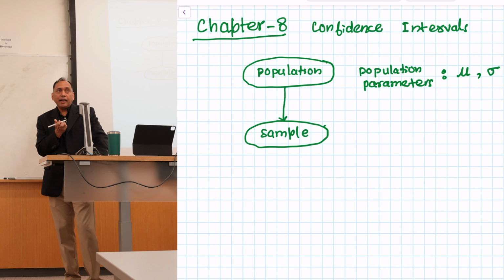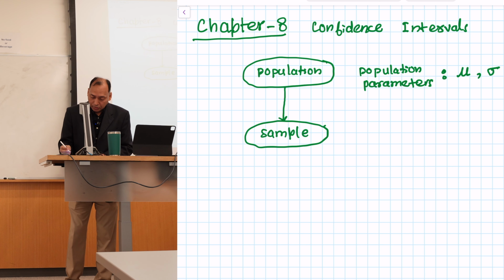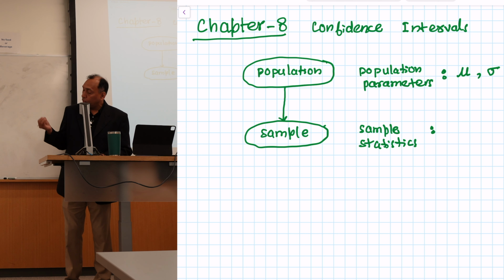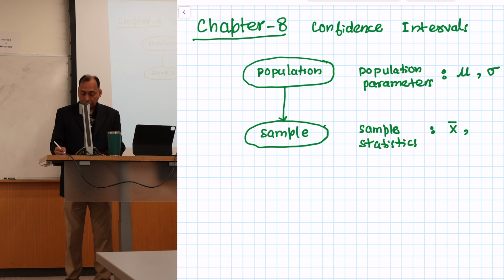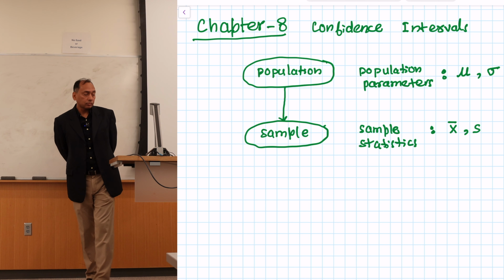And when we take a sample and do the calculations, we get sample statistics. Instead of using mu for mean, we use X bar. Instead of using sigma, based on the sample, when we calculate standard deviation, we use maybe small s. So those are sample statistics.